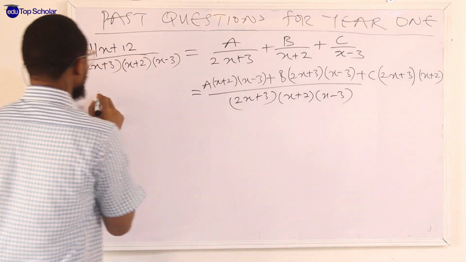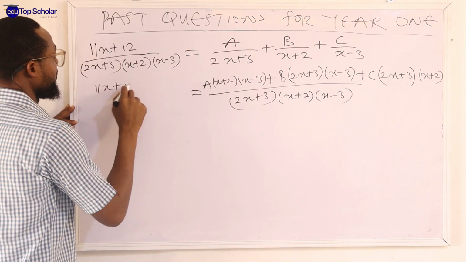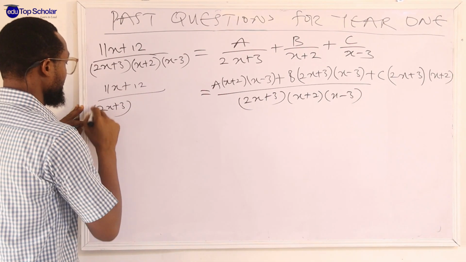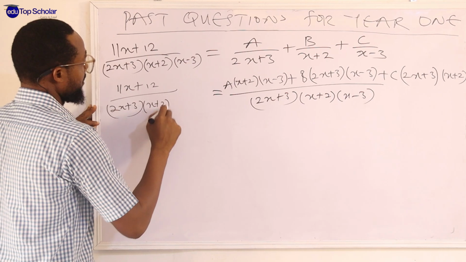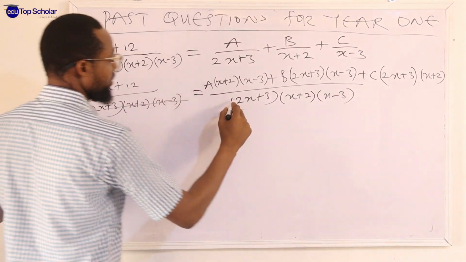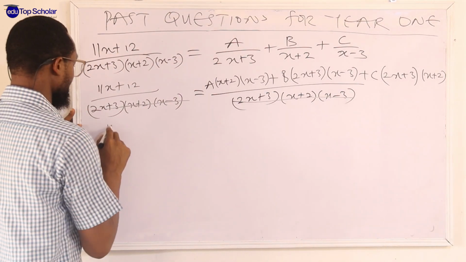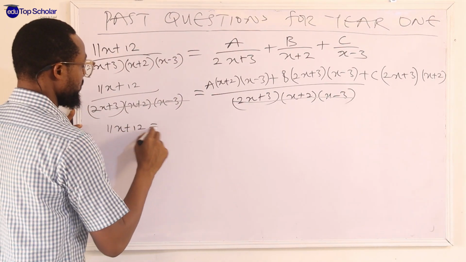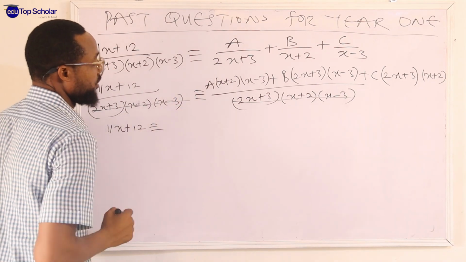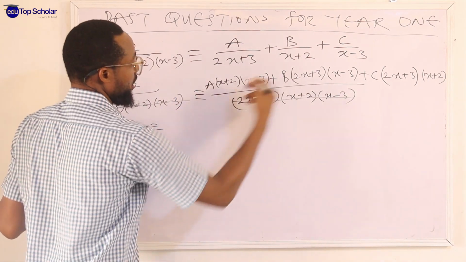So if I compare this one with 11x plus 12 over 2x plus 3, x plus 2, x minus 3, we discover that the denominators will go. And we are left with 11x plus 12. That is equivalent to all of this now.